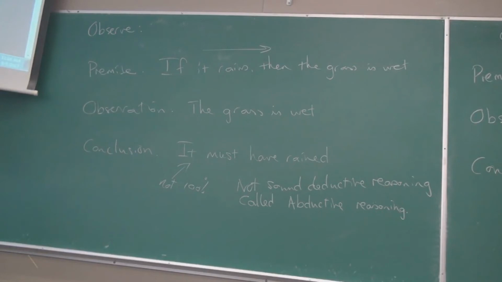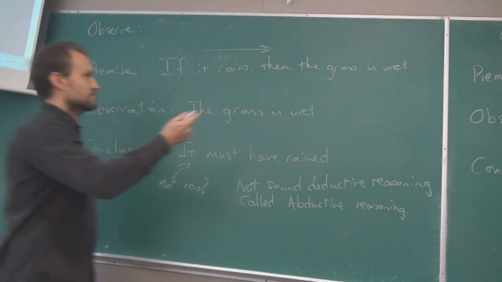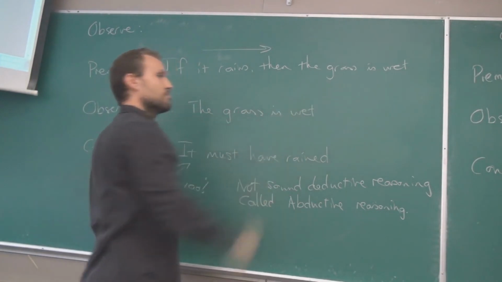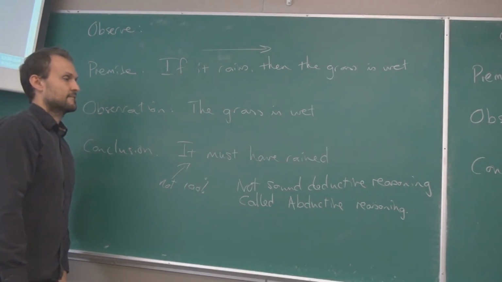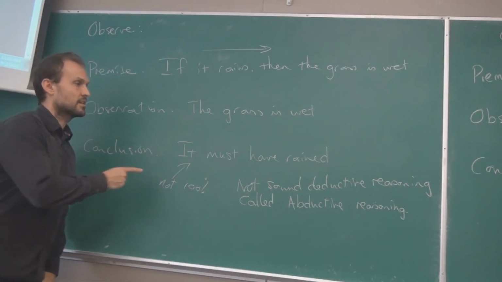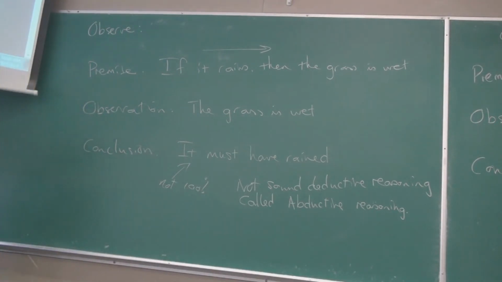Abductive reasoning, where you're taking the second part of the premise and concluding the first, the likely possibility, as if it was fact, which isn't necessarily going to be the truth.